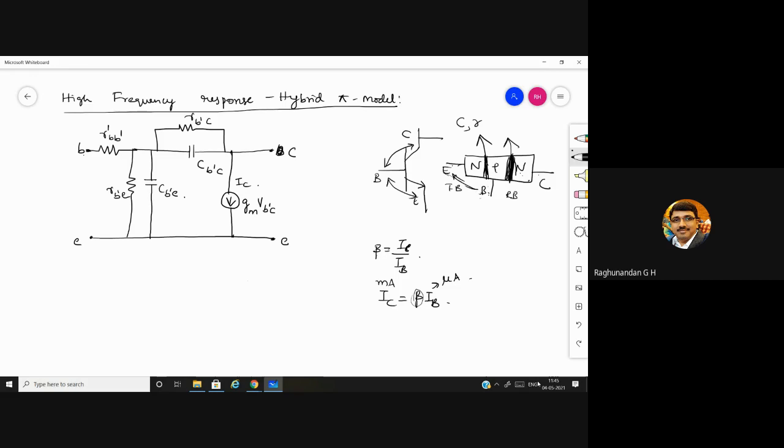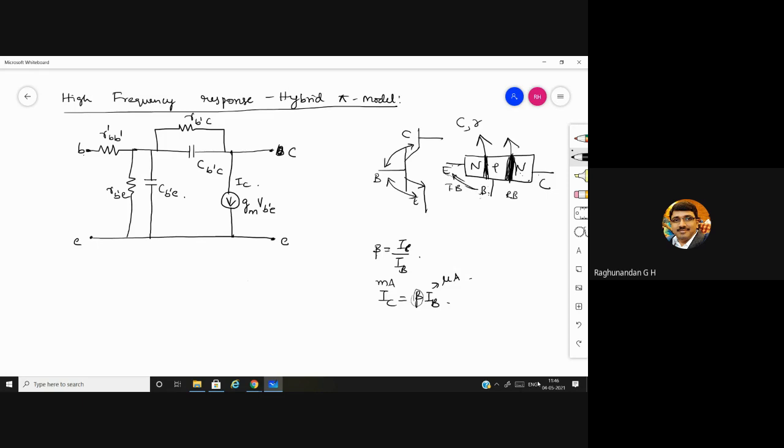Already we have obtained the equation for the collector current, right? IC is equal to gm into VB'E. This should be VB'E. So gm into VB'E, we have obtained the equation for collector current.